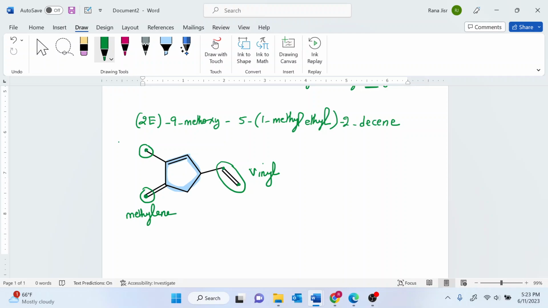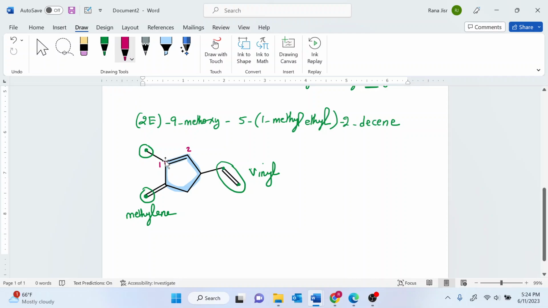You're going to start by giving your double bond the lowest number and the substituent also the lowest number. So the first substituent here that I have is this carbon over here that has the CH3 on it. So this is why I'm going to start numbering from this carbon. This is going to be carbon number 1. You go by carbon number 2.